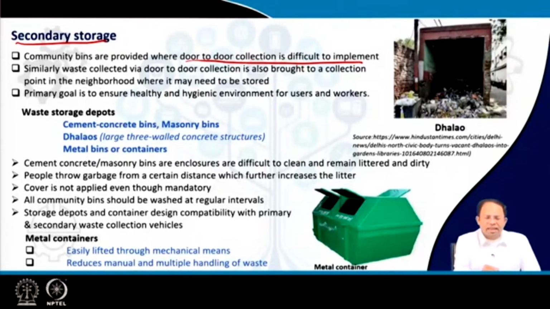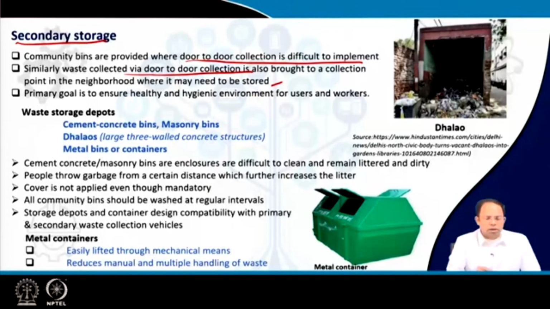So either in these community bins or at these collection points in the neighborhood where waste collected via door-to-door collection comes, this waste needs to be stored. That means we store waste either in the community bins or at these transfer points or secondary storage points.